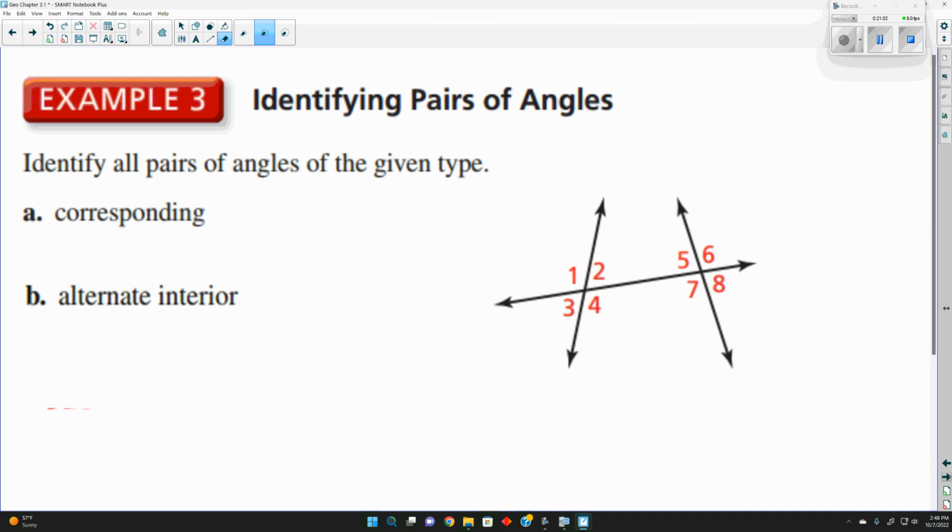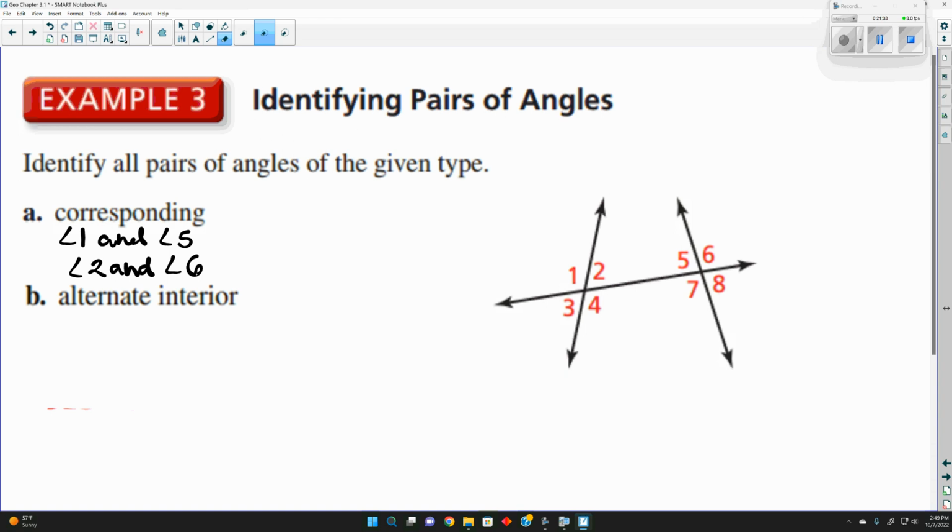So the first part we want to do here is name all the corresponding angles. So angle 1 is to the left of the line and above the transversal. So which other angle is above the line and to the left? 5. And we can also have angle 2 and... questions on this so far?